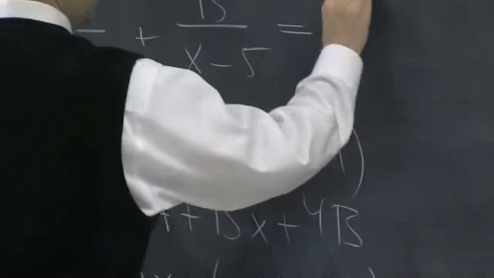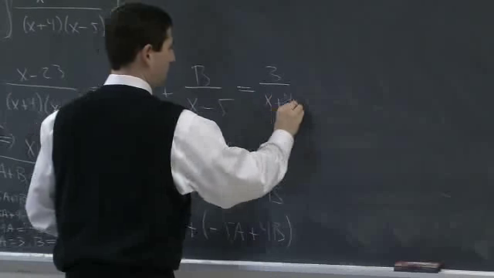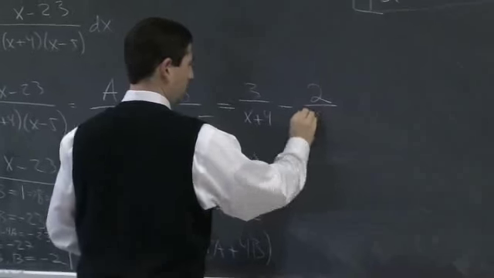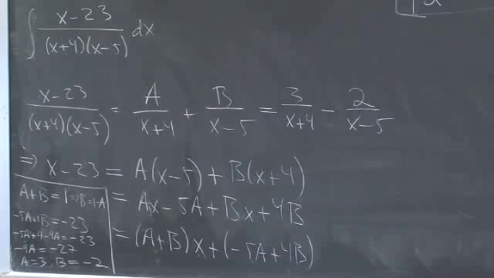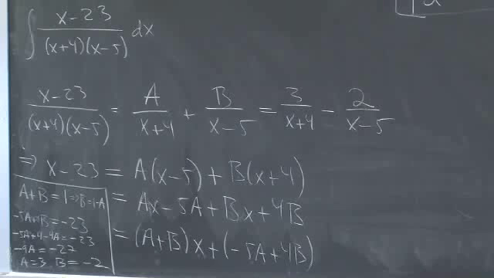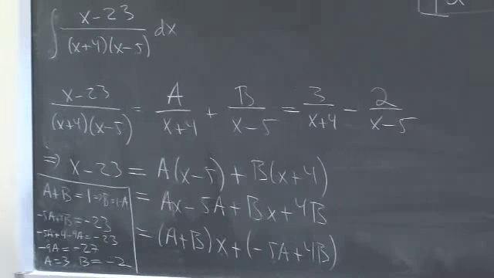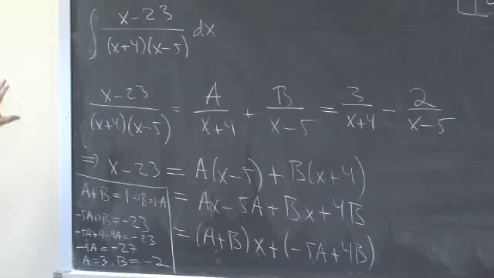And so I can write 3 over x plus 4 minus 2 over x minus 5. Okay, now this takes some practice. And it's just algebra, but it takes a little bit of practice, right? You'll make some mistakes. And how do you know you've made a mistake?